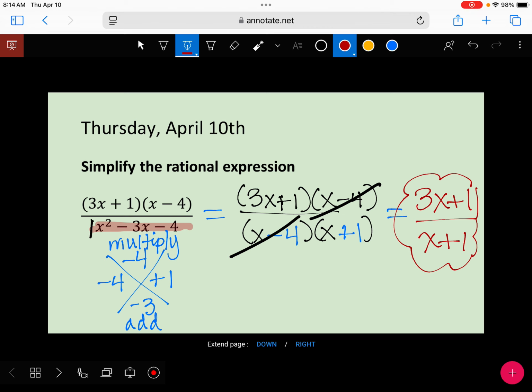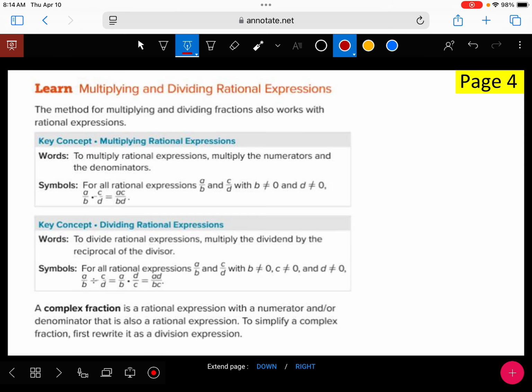So today we're going to talk about multiplication and division. So in your notes, go to page 5, or it might be page 4 actually. It's page 4. We're not going to do this page, but the only thing I want you to write is that when you multiply, we always multiply straight across. Because now we're multiplying and dividing fractions.